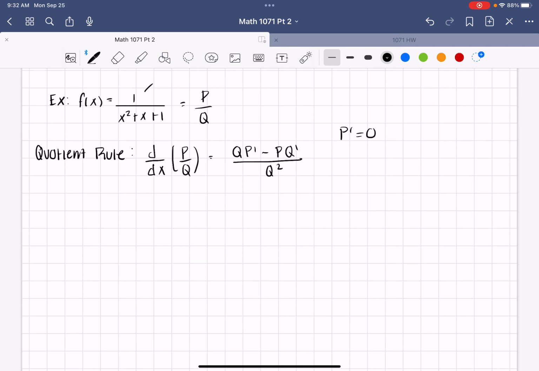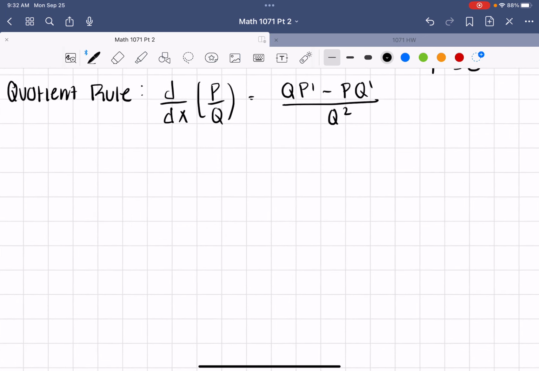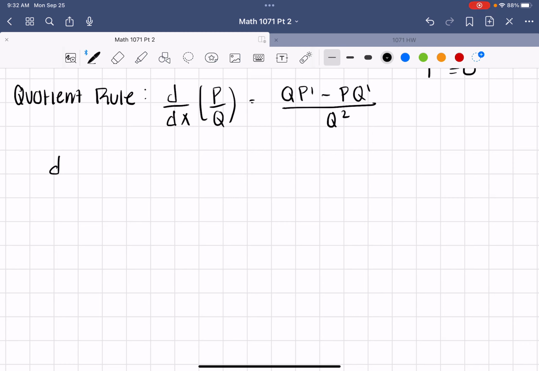Okay, so let's do this. I want the derivative of 1 over x squared plus x plus 1. So my rule says denominator times the derivative of the numerator. The numerator is just 1. Its derivative is 0.